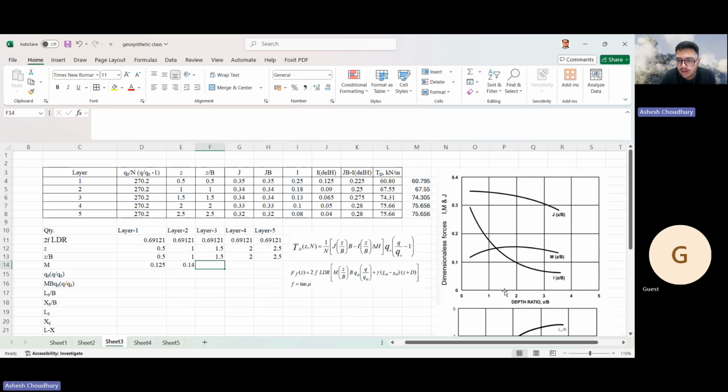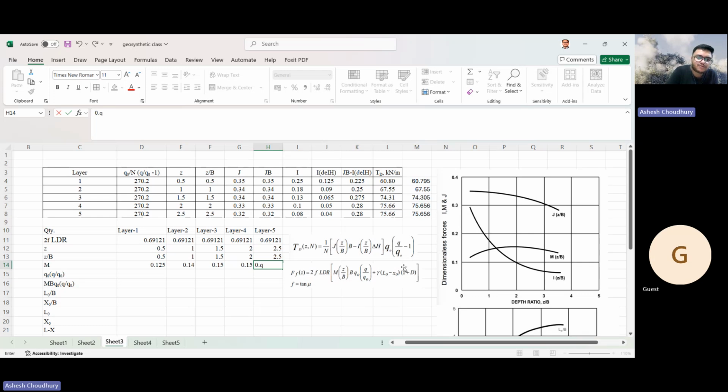Now Z by B 1.5, what is my M? It is approximately 0.15. Again, for Z by B 2, it is almost the same, almost 0.15. And for 2.5 it is also almost the same. Let us take 0.15 itself.